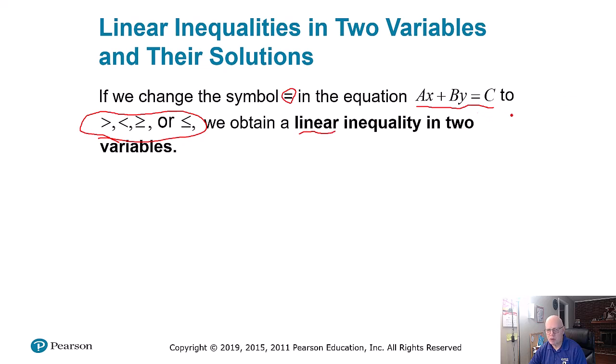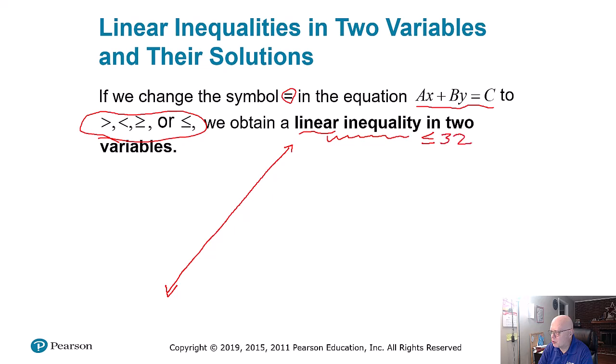Now here's a spoiler. Let me grab my pen here. Here's a fake line. Now notice first of all that I drew a solid line. That means that the inequality had an equals somewhere in it.